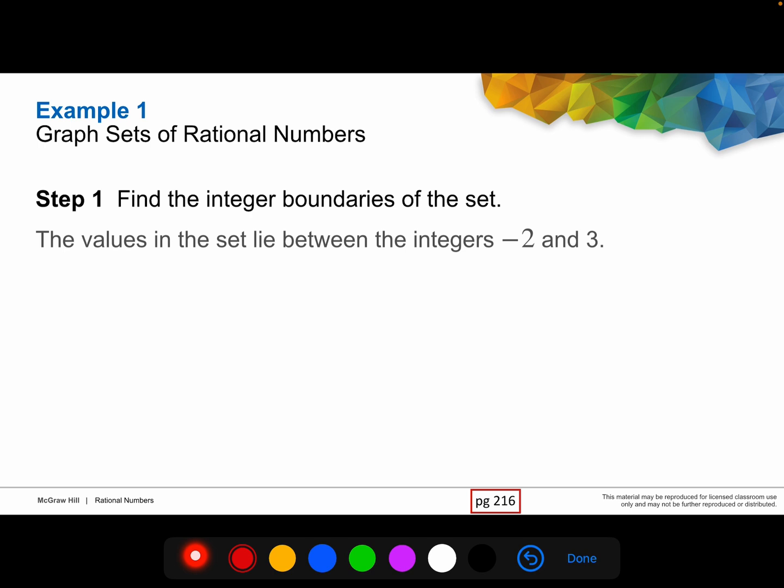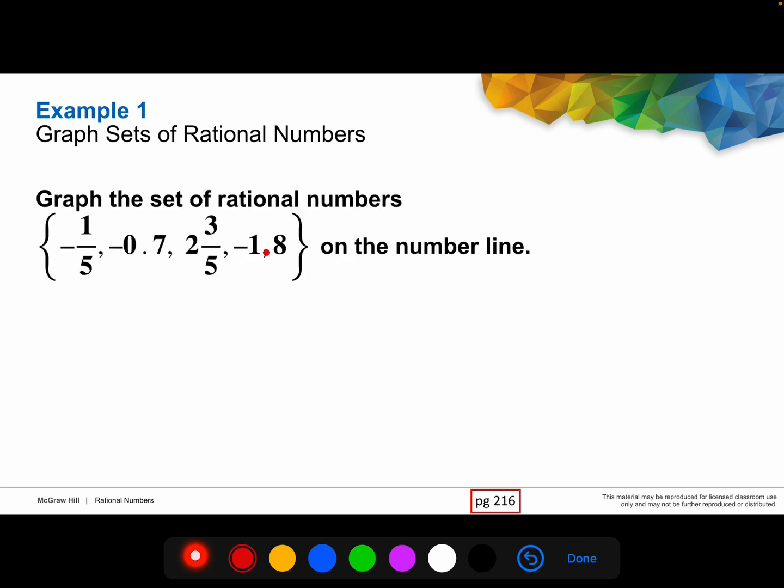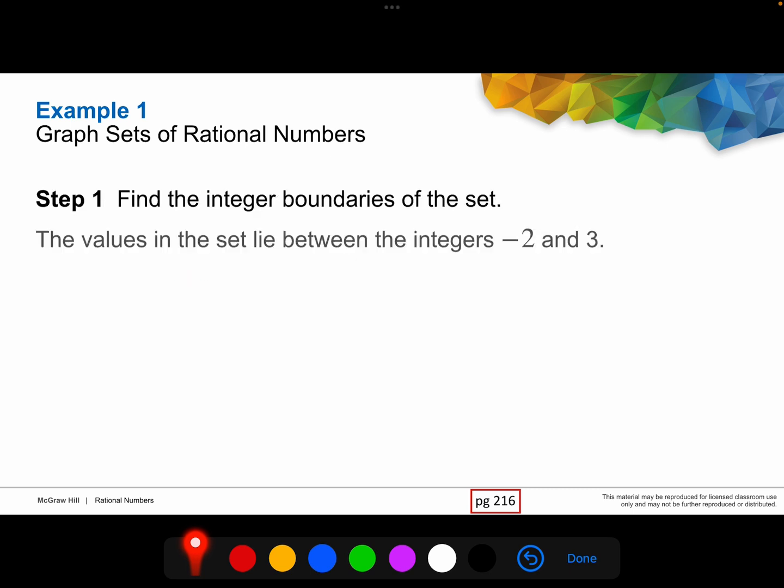If you look at this, you'll see that the highest value is 2 and 3/5, and our lowest value is -1.8. So therefore, a number line with a smallest value of -2 and a largest value of 3, which is bigger than this, would work. So the values lie between the integers -2 and 3.